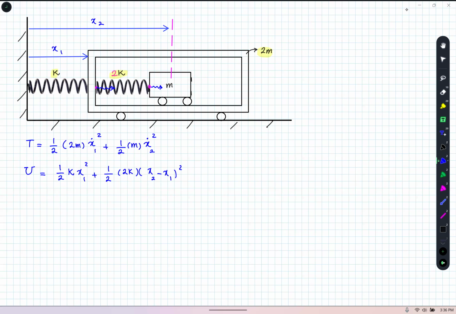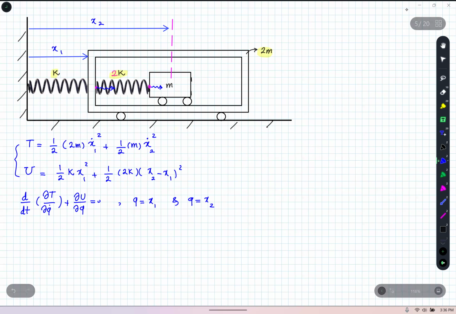So we have T and U, the Lagrange approach. You know the formula for the Lagrange approach, derivative of T, as we solved in the previous problem, equal to 0. You set your q equal to x1, and then you repeat that, set your q equal to x2. I'm going to skip the algebra here because in the previous problem you saw how it works.